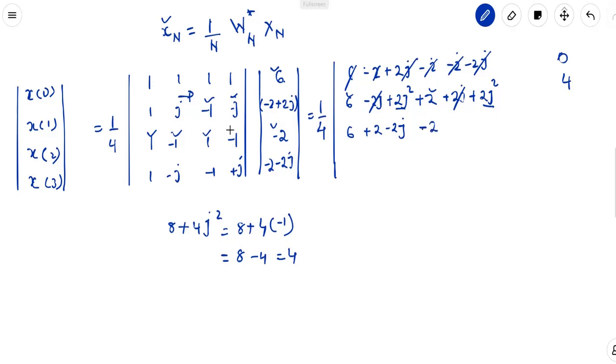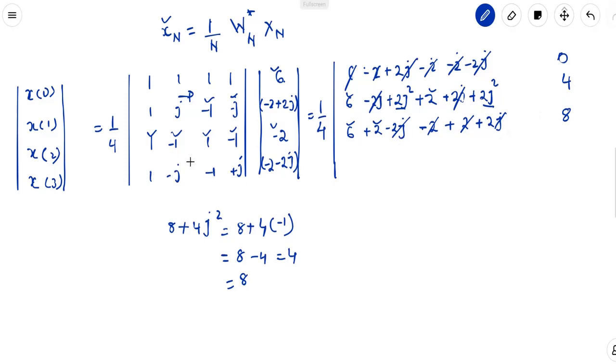The last value in this row is minus 1 into this whole term, so this becomes plus 2 and plus 2j. If you see, this 2 and this 2 will get cancelled. So 6 plus 2 becomes 8, and this 2j and this 2j also will get cancelled. So this value is 8.